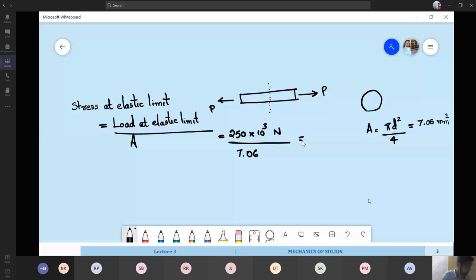Is that into 10 to the power of 3? It is in Newton per millimeter square. But there is 10 power minus 6 in the 7.06 denominator. Yes, that's correct, so we get 10 power 9.